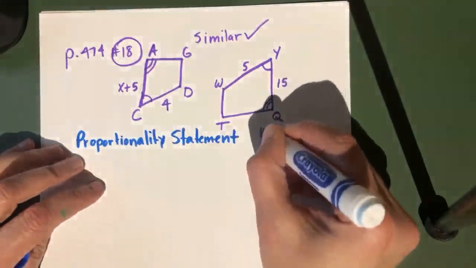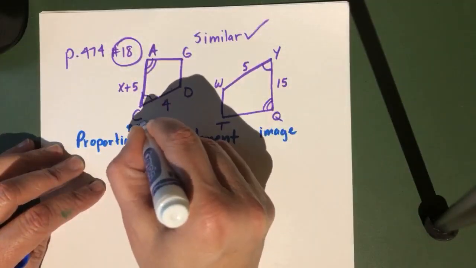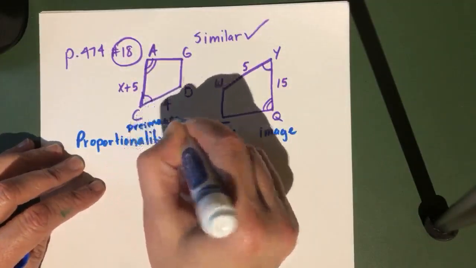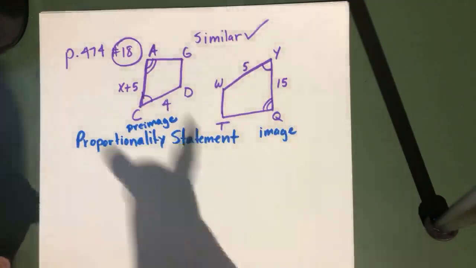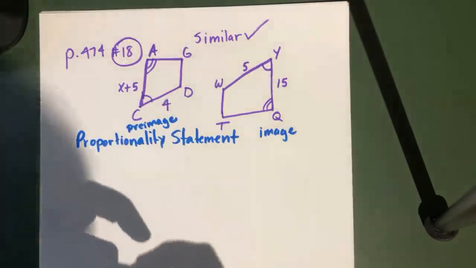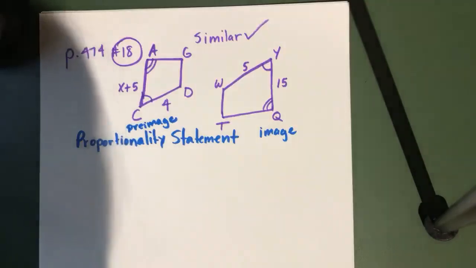All right, so this is our image, and this is our pre-image. Now, we're not finding a scale factor here, but I want you to get in the habit of identifying your image and pre-image because that makes a difference when we find the scale factor. Okay, how do I match these up? Well, you have to look carefully at what you're presented with.